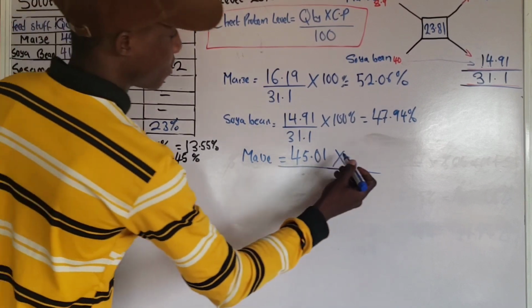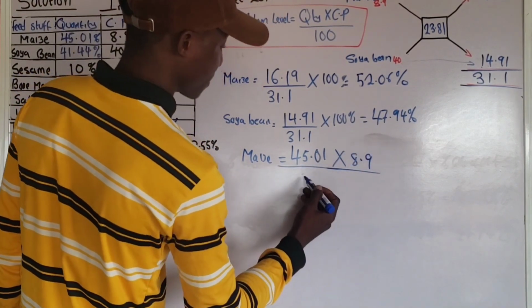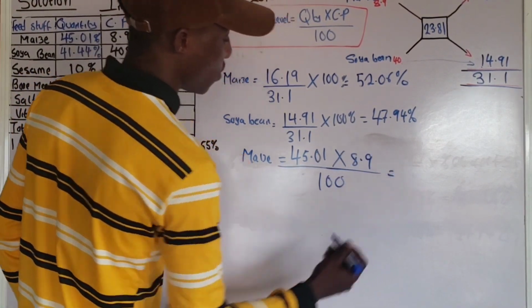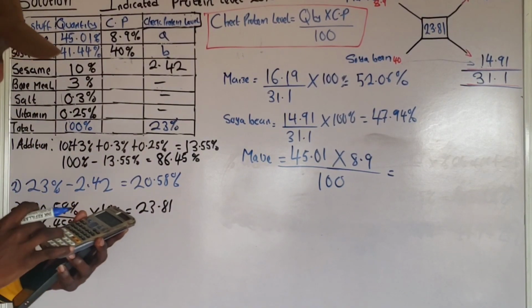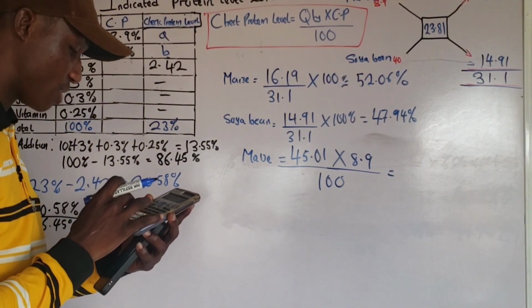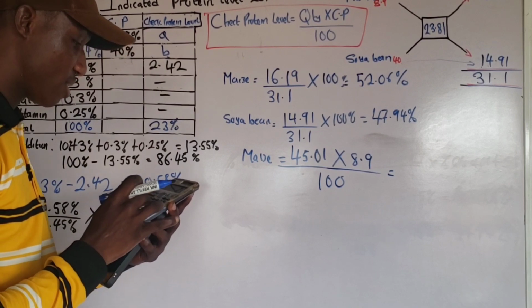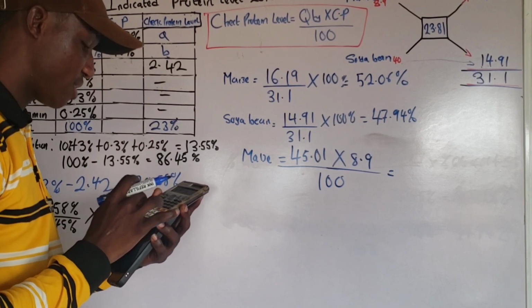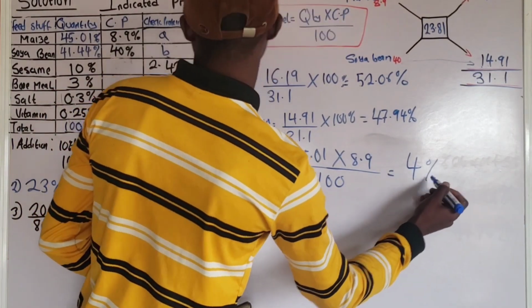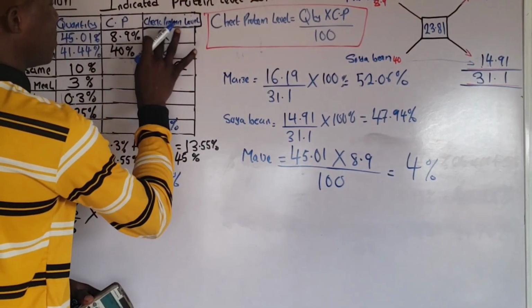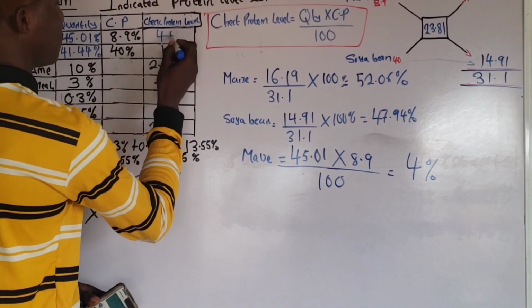So here I'm going to have multiplied by 8.9 divided by 100. If you punch your calculator, 45.01 multiplied by 8.9 divided by 100, that will be 4%, you understand? So for this, I'm going to have 4%, that is the value of A.